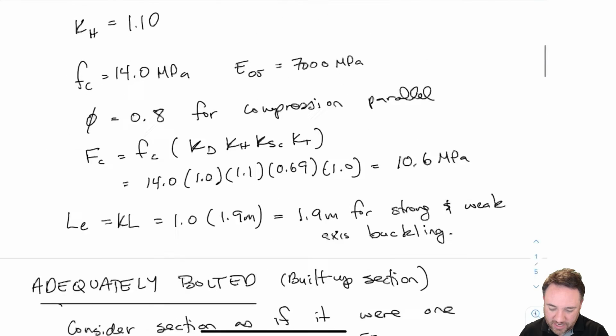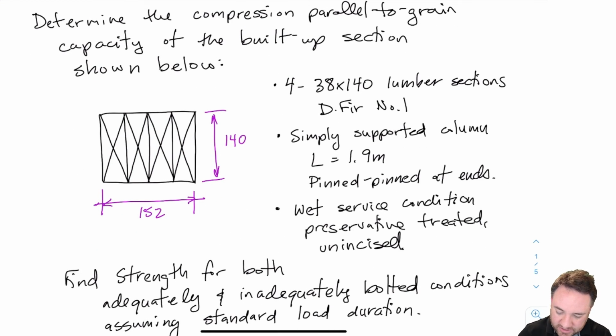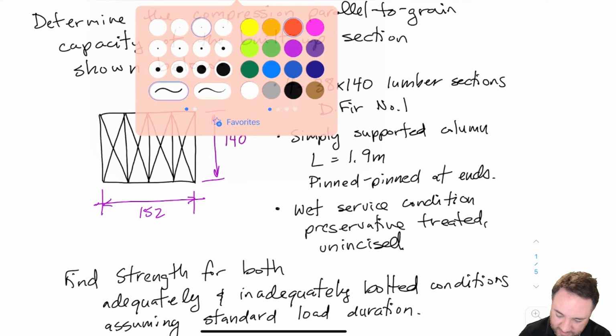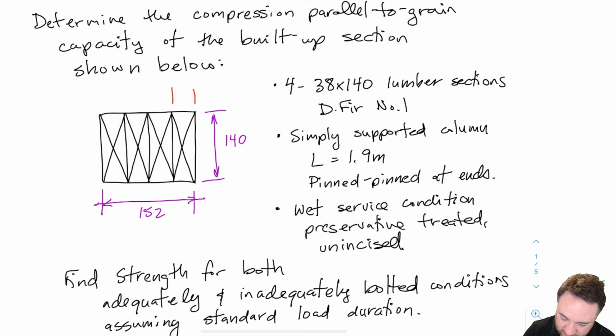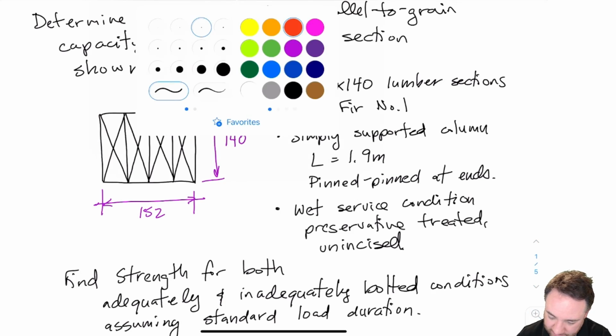So if I go all the way back up to my diagram here, you can see each of these plies is 38. Since I'm just looking at one and I'm looking at buckling in this direction, my dimension associated with buckling in that weak axis direction is just 38, okay, instead of 152. So 152 was much better. 38 is pretty bad. So that's what we're going to use.